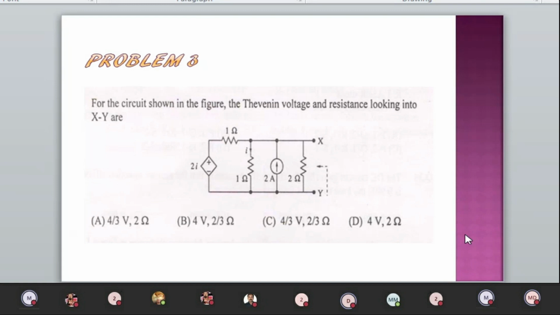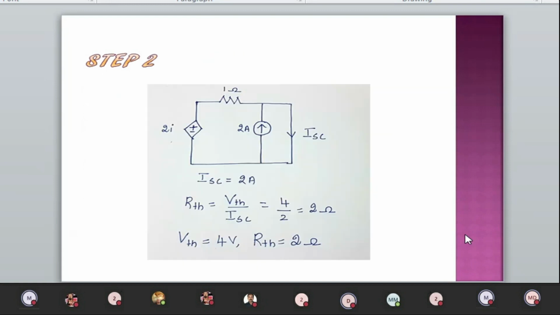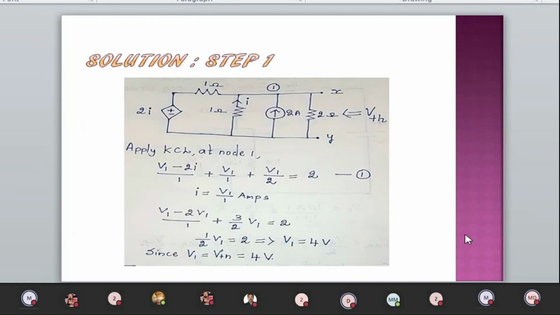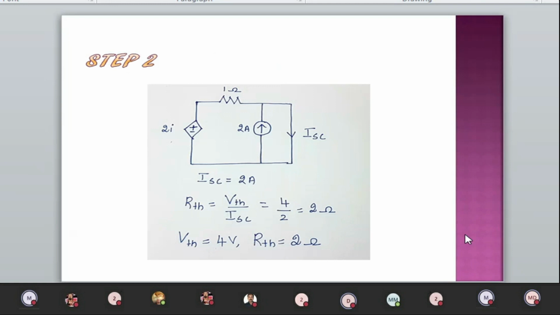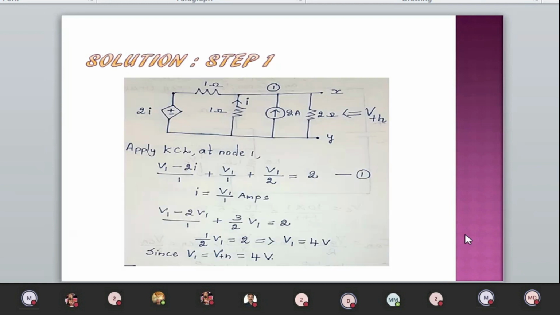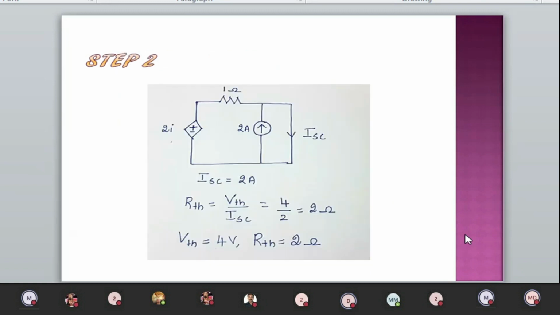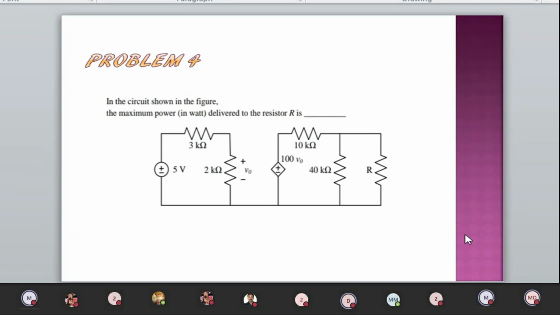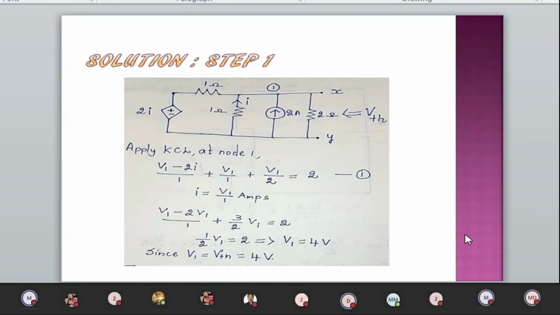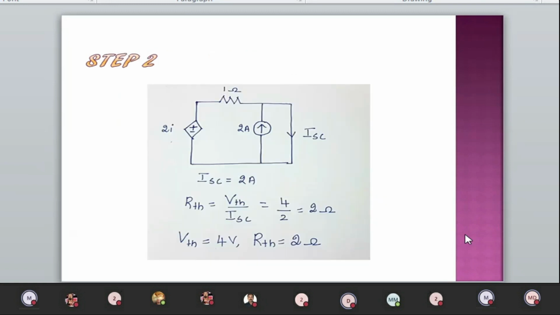Coming to the next step, I want R Thevenin. So here, what I'm doing, I'm virtually creating a short circuit. So when I create a short circuit, ISC, right? So ISC is nothing but what? 2 amps, right?